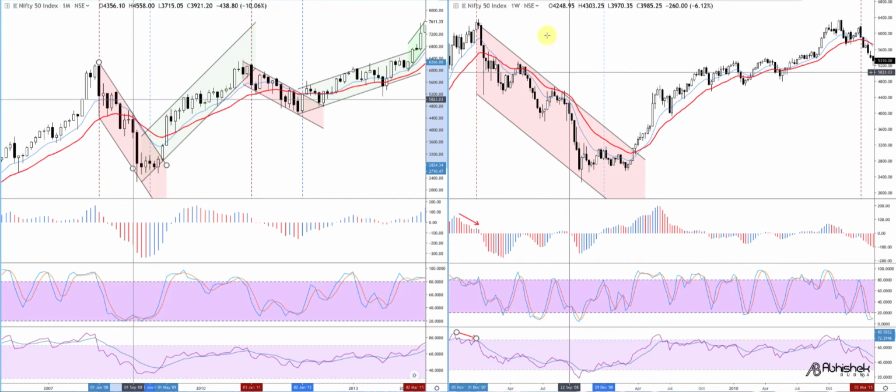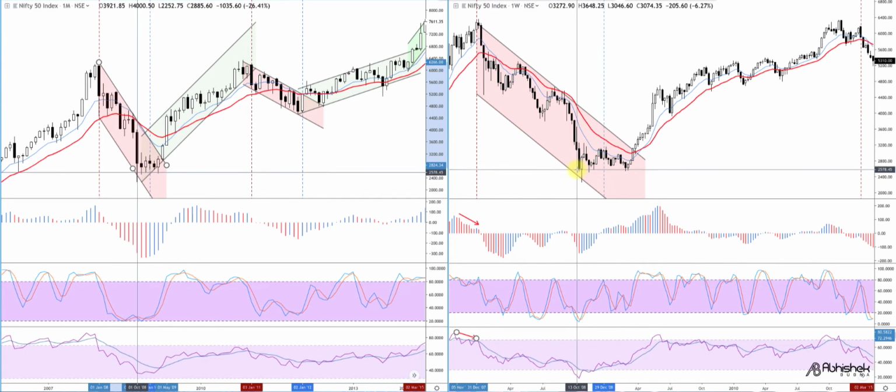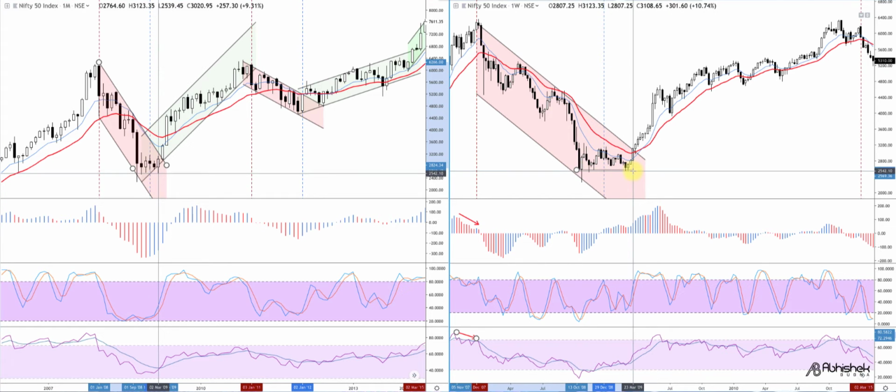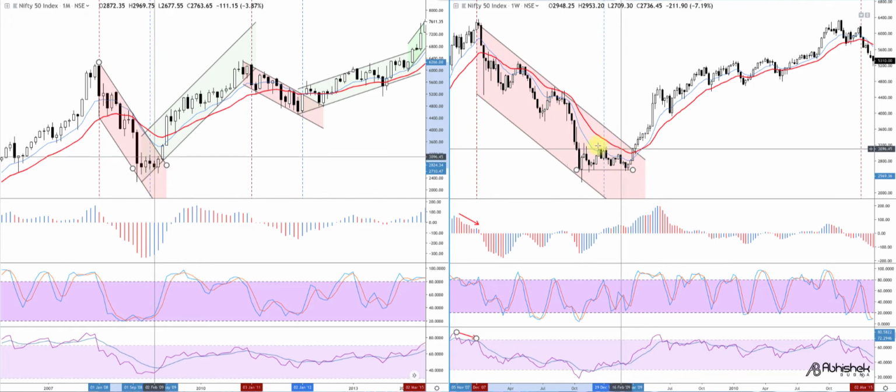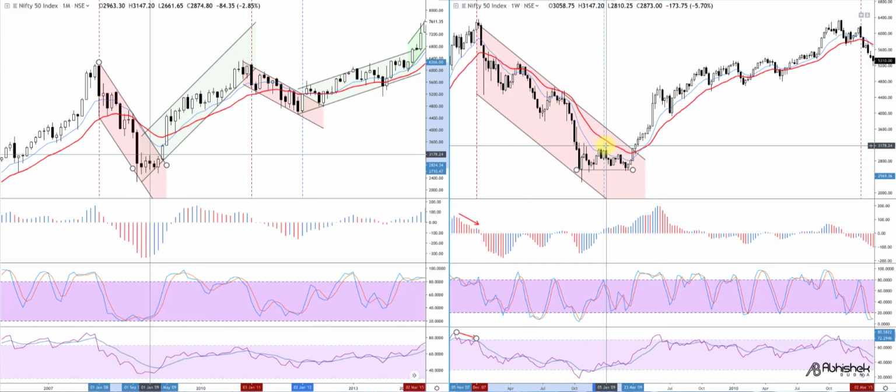Okay, so I'll quickly draw a support line here so I know where the W-shaped stochastic is. And once I get this W-shaped stochastic, the probability of this breaking this range is higher.